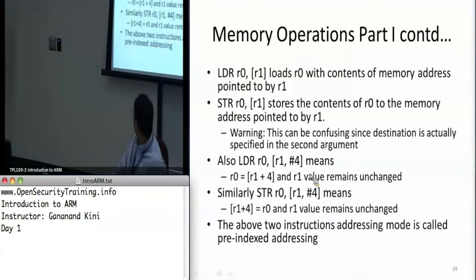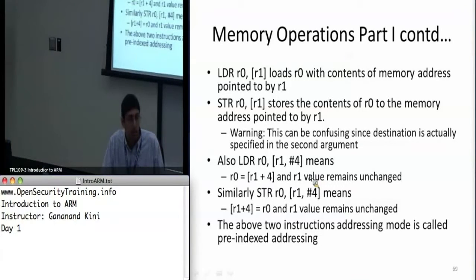So for example, LDR R0, [R1, 4] means take the memory contents of the address in R1, add 4 bytes to it, take the value at that address and store that into R0. And similarly, store does the exact same thing, but in reverse. So it takes the value in R0 and stores it into the address at R1 plus 4.